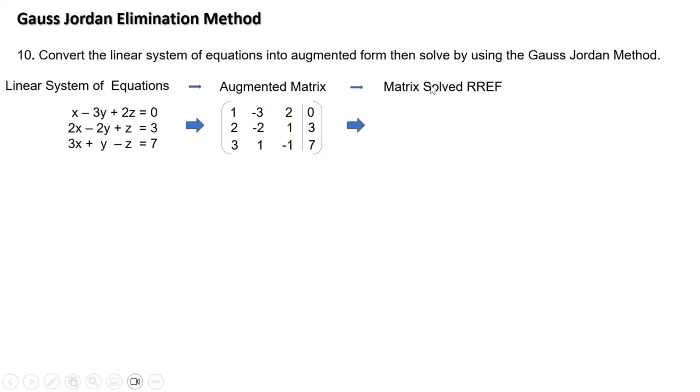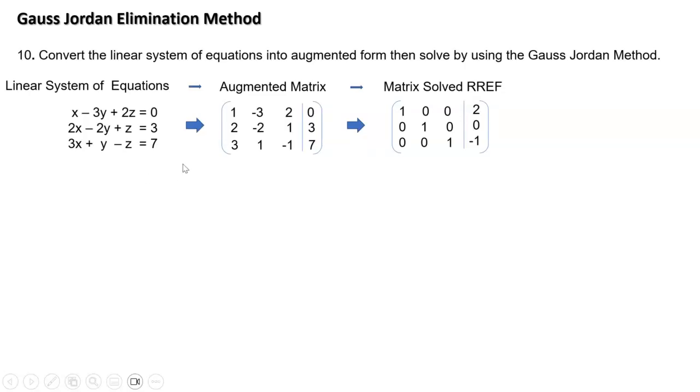Now, the reduced row echelon form means that all the entries along the diagonal, from the top corner to the bottom, have to be ones, and the rest are zeros. And then this will be your solution: x equals 2, y equals 0, and z equals -1. I believe this is the same one that we did previously, right?